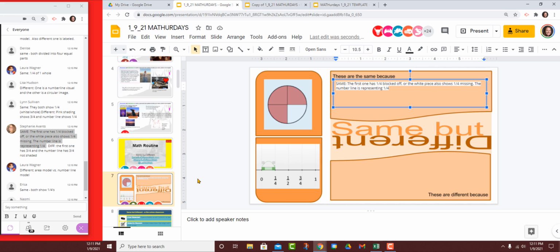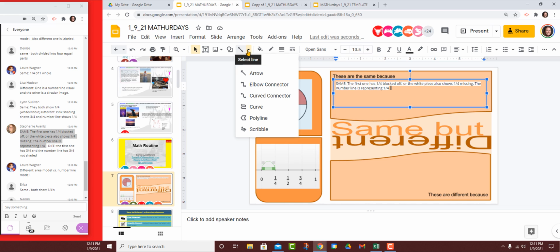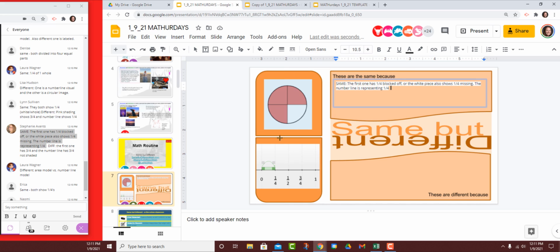I noticed in the pie circle that there's these two little black lines that create kind of like a pizza piece. Originally I noticed that there was a white piece missing, but then I looked closer and I noticed that there were those two black lines. And so I know that in a fraction there's 4 pieces.